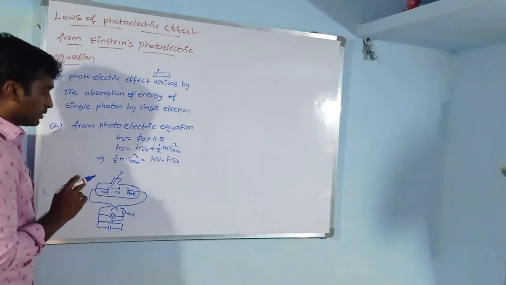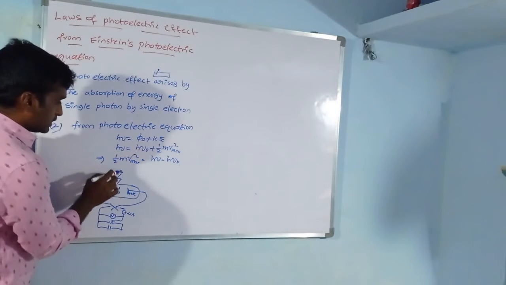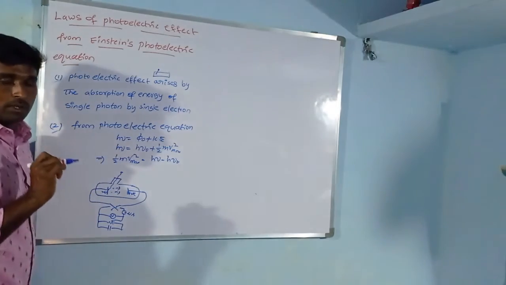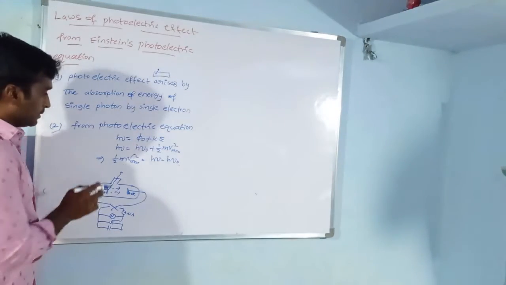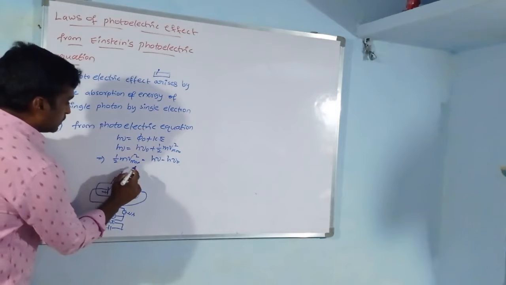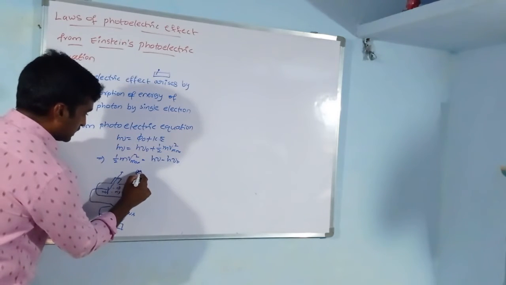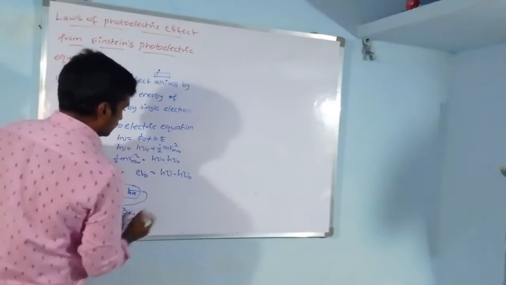At stopping potential, even the maximum kinetic energy electrons cannot reach the anode plate. So the total kinetic energy of the photoelectrons converts into potential energy, indicated by eV naught. So eV naught is equal to h nu minus h nu naught.